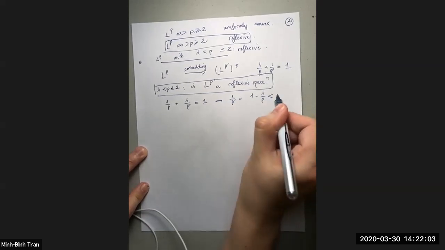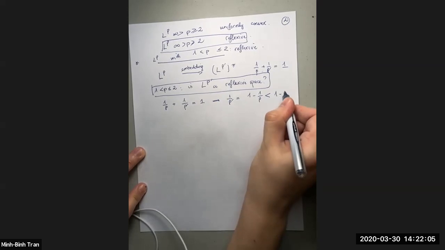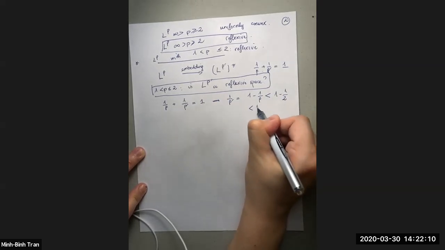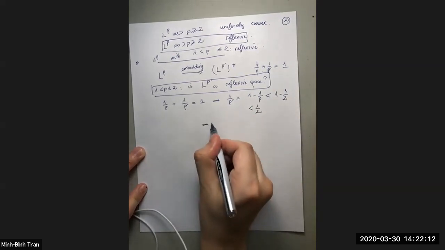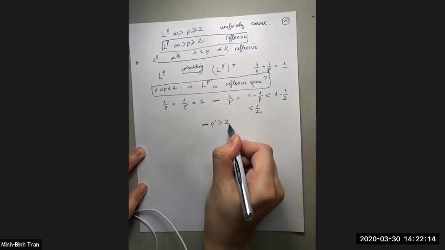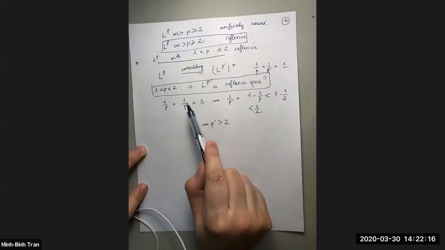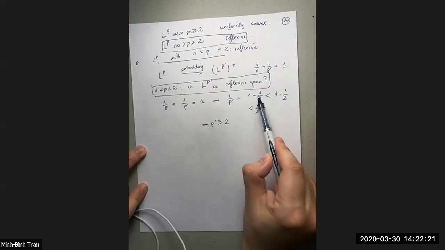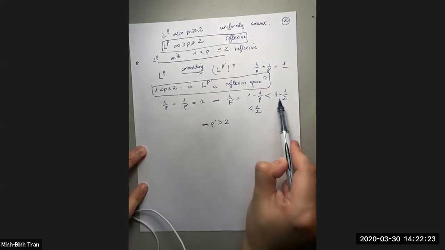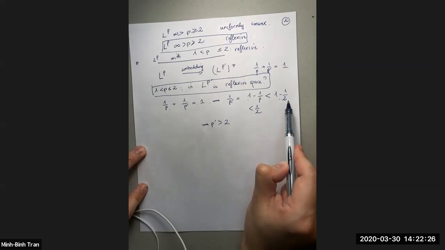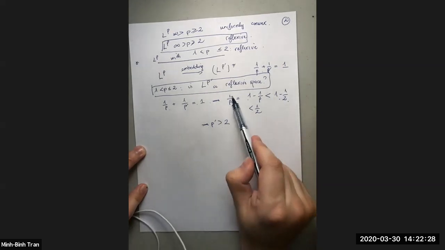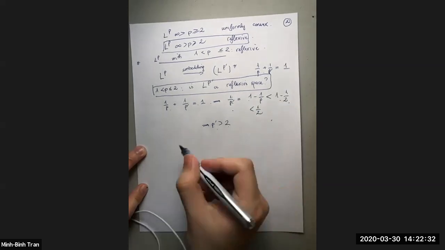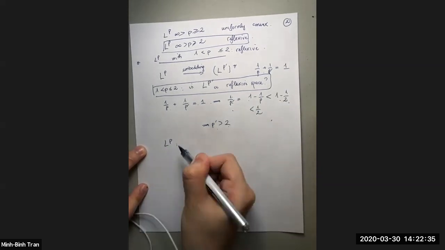This is smaller than 1 minus 1 over 2, which is 1/2. So basically 1 over p prime is smaller than 1/2, which means that p prime is bigger than 2, right? So L^p prime is reflexive.